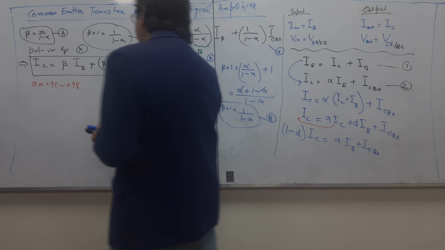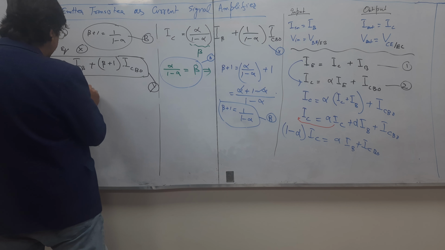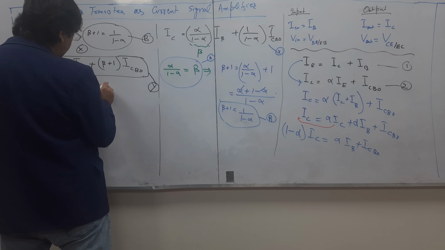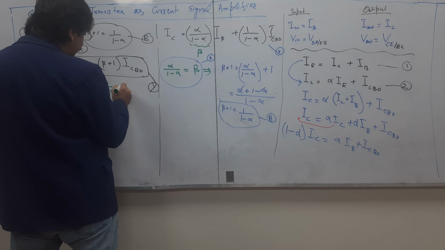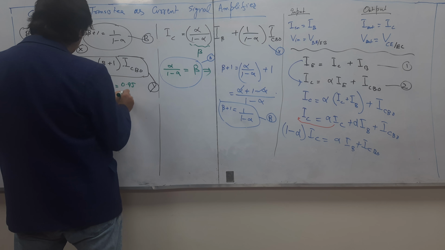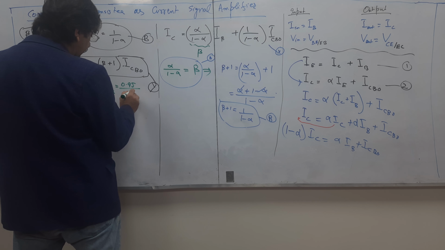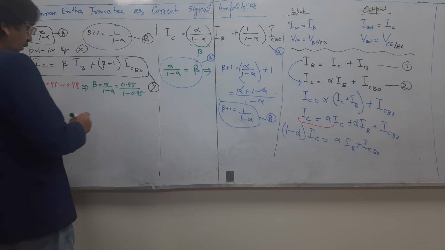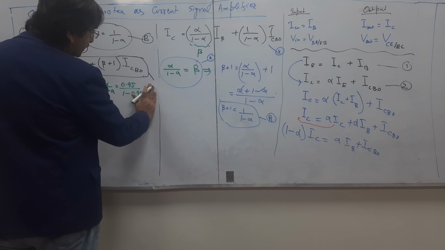So beta value will change, where beta is equal to alpha divided by 1 minus alpha. If I say 0.95 divided by 1 minus 0.95, what will it become?